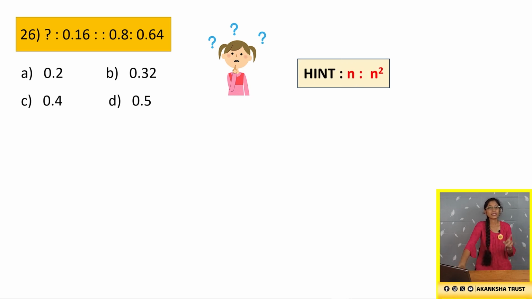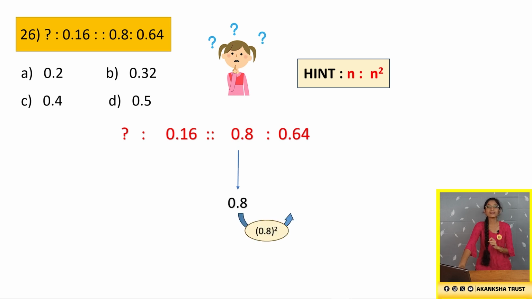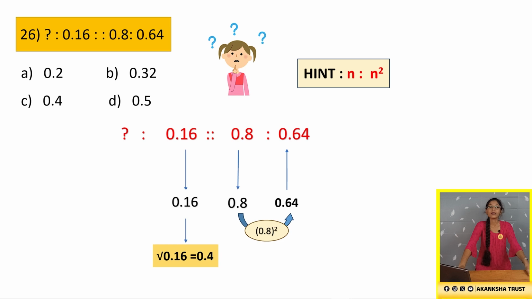So n square, we already know that. 0.8 whole square is 0.64, the second number. So 0.16 is the square of the required number; the square root of 0.16 is 0.4, and that's our required answer, 0.4 in option C.